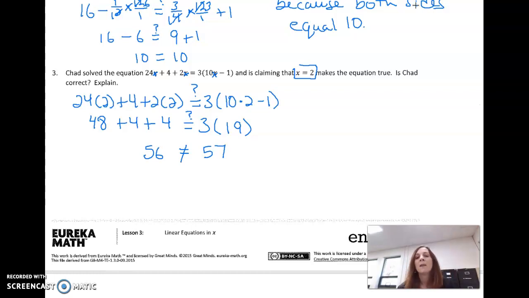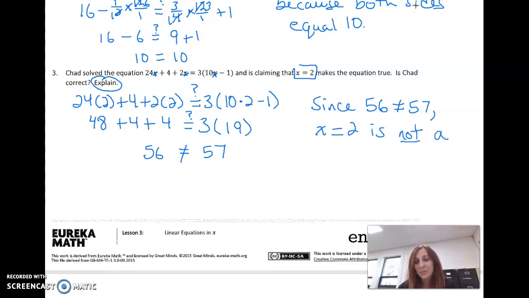No. Because again, we have to explain. And I'll just say something like since 56 does not equal 57, x equal to 2 is not a solution. Okay, so we're building into solving equations now. What we're doing in this lesson is trying to understand what it means to be a solution.